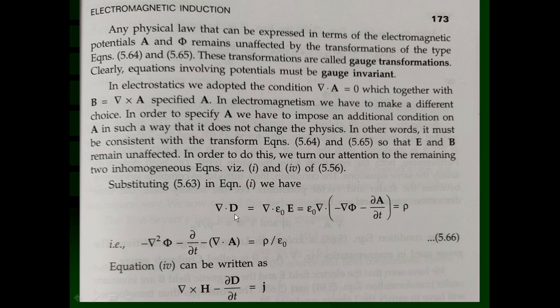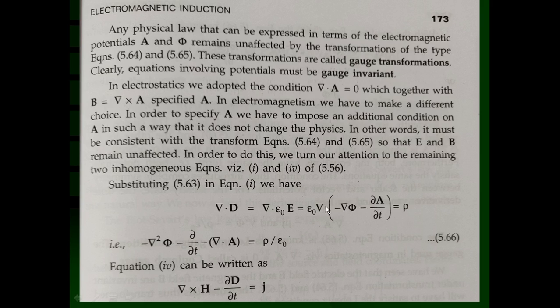Divergence of D is equal to divergence of epsilon 0 E, and E we can substitute in terms of scalar potential and vector potential, which we already found out: the vector field E is equal to minus gradient of phi minus del A upon del T. This is the electric field. So we have substituted the electric field in the form of scalar and vector potential, and that is equal to rho.